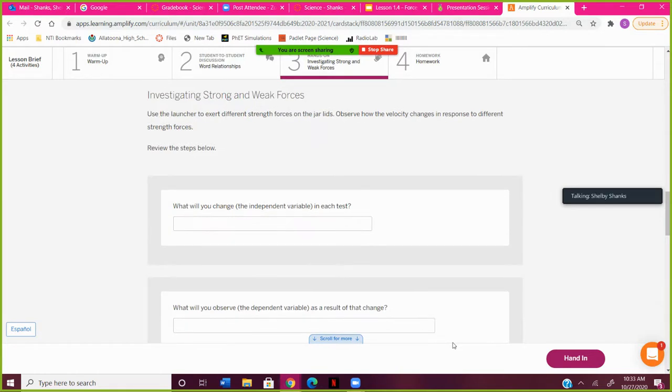We should be on investigating strong and weak forces. Before we start, we need to figure out what our variables are. What do we need to change in each test? What are we going to change in each test? What are we trying to figure out? In our directions, what are we changing?